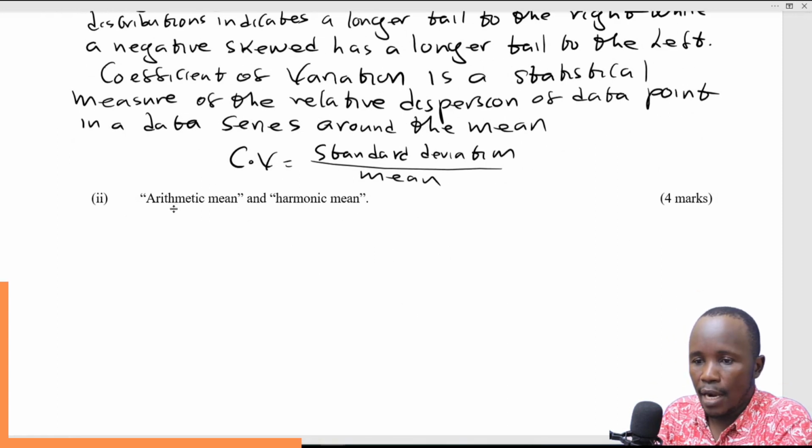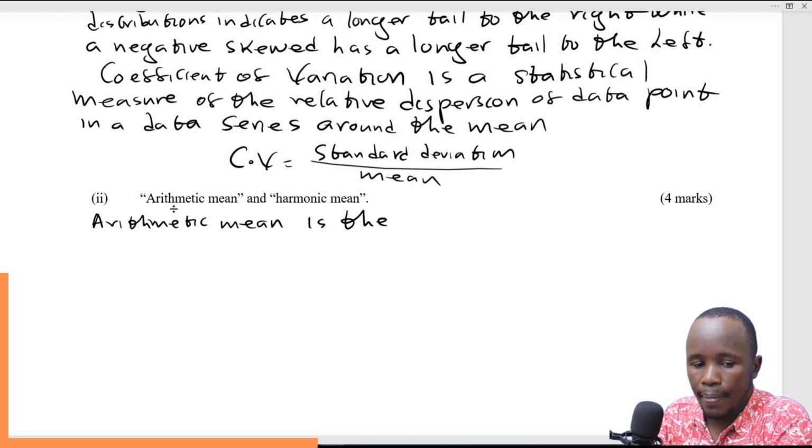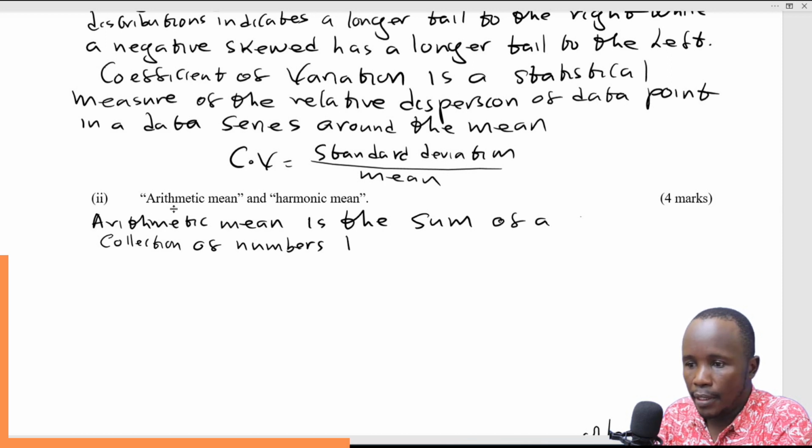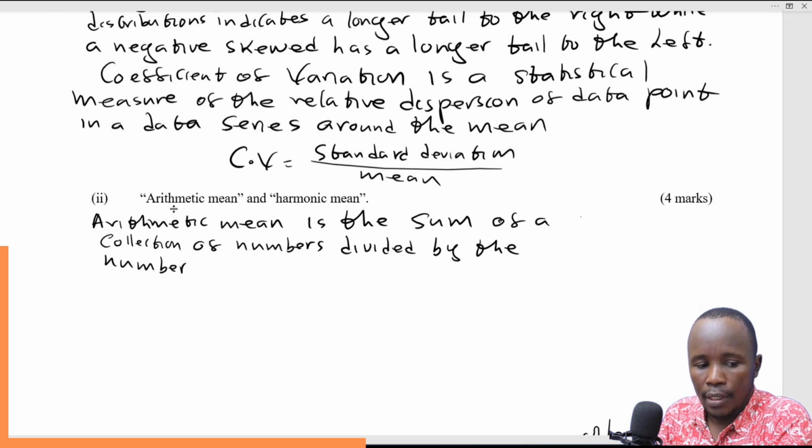Next, arithmetic mean and harmonic mean. You say that arithmetic mean is the sum of a collection of numbers divided by the number of numbers in the collection.